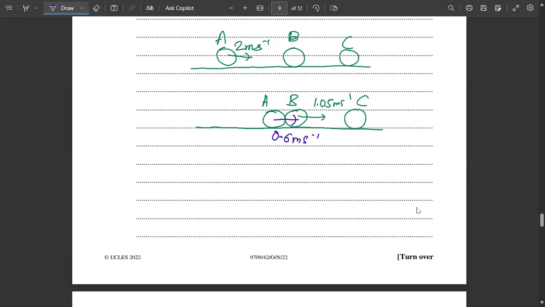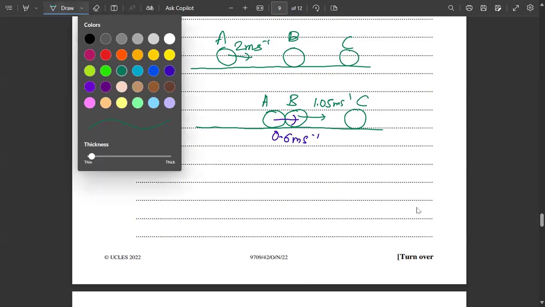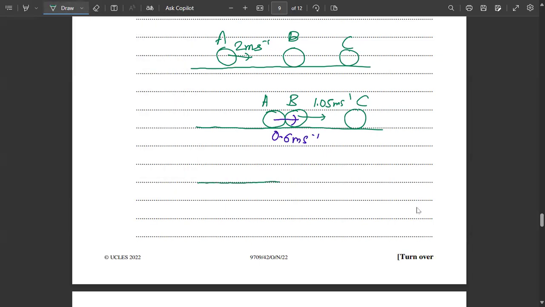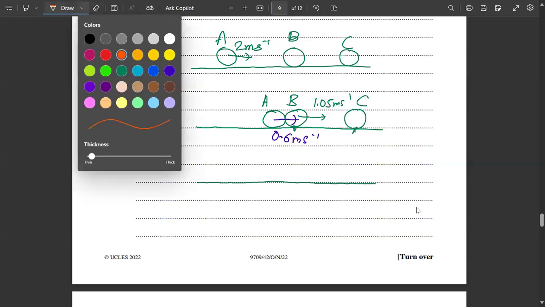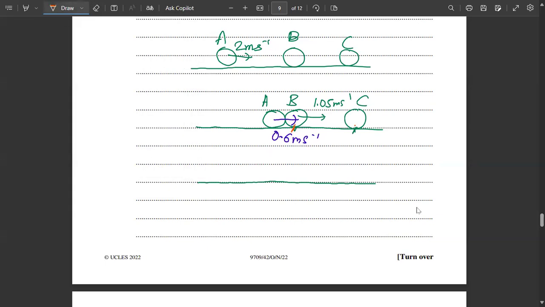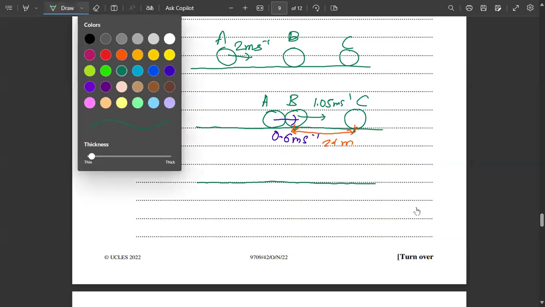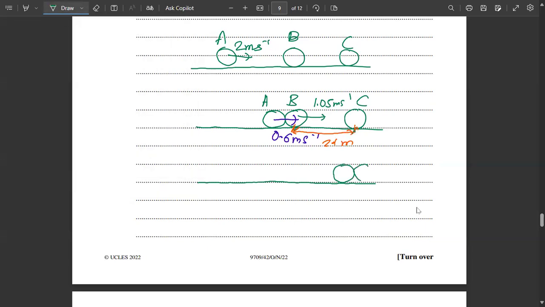And what happens after that? Let me again go to the green pen. This distance is 2.1 meters, right? Which distance? This and this. So now we can tell that B will be here, C will be here.